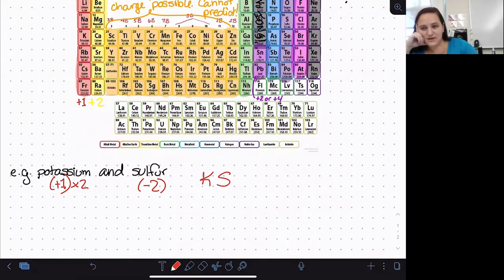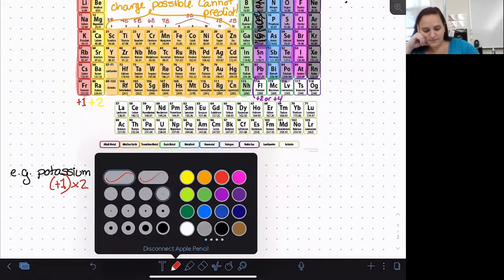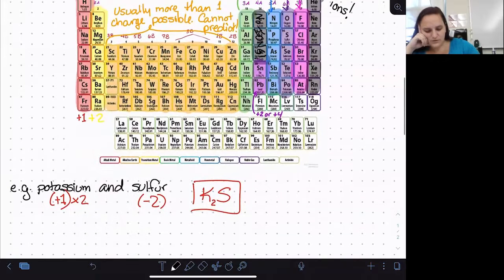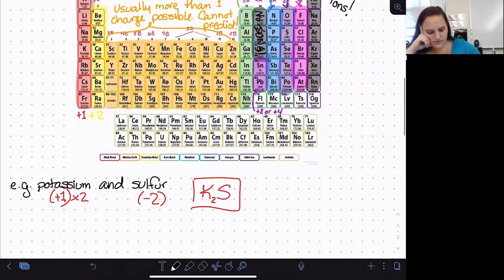So potassium is K and sulfur is S. And then we put in subscripts to indicate how many of each we have. So we need 2 potassium, so we'll put the subscript 2 after the K, and that is the correct formula for potassium sulfide. Let's do one more.